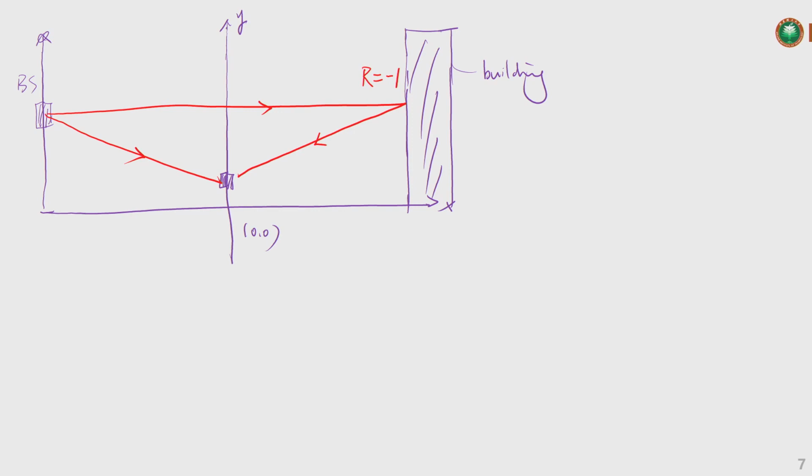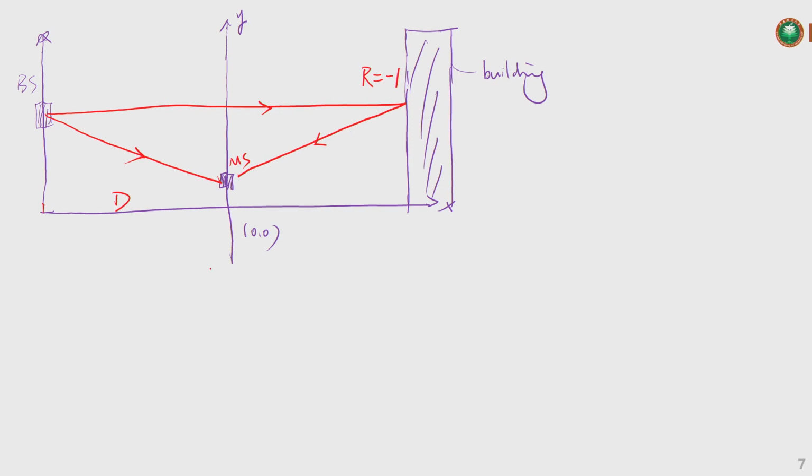Now here is (0, 0), and the lateral distance between the base station and the mobile user is the capital D. The value of D is much larger than the height of the base station and the mobile user.